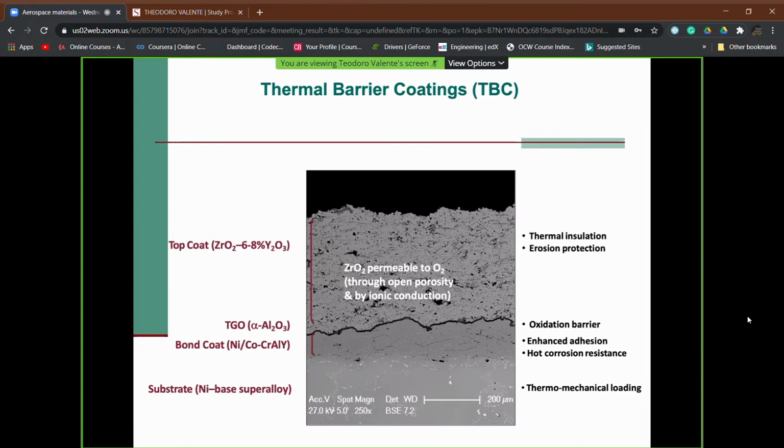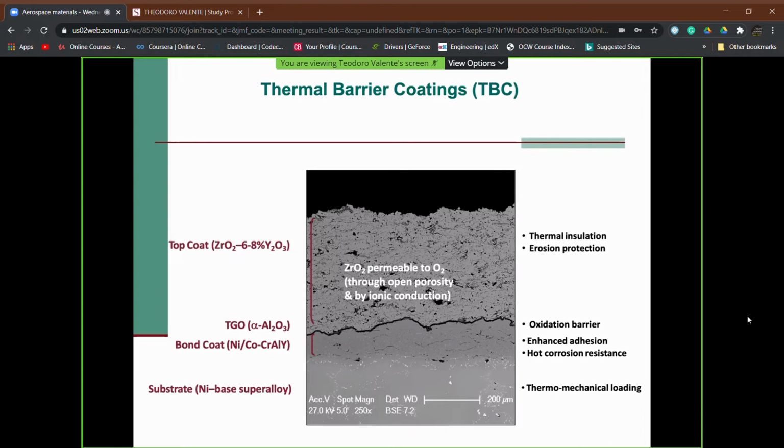Now, the case is that the thermal expansion coefficient of the zirconia is sensibly lower than that of the nickel-based superalloys.